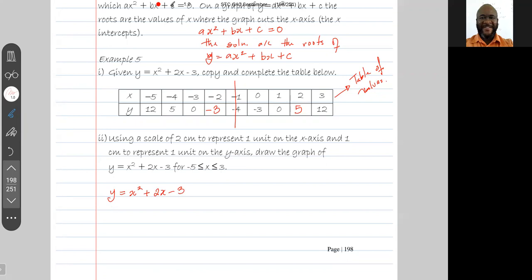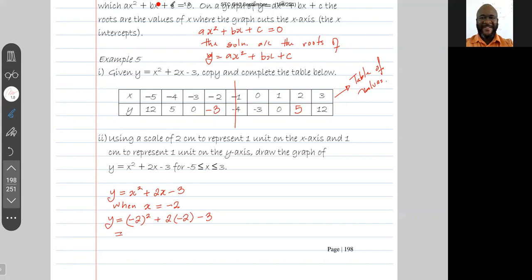So I'm going to say when x is equal to minus 2, y would be equal to, wherever I see x, I'm going to take out x and put minus 2. So this is minus 2 squared plus 2 times minus 2 minus 3. So I'm expecting my calculation to give me y is equal to minus 3. Let's calculate.